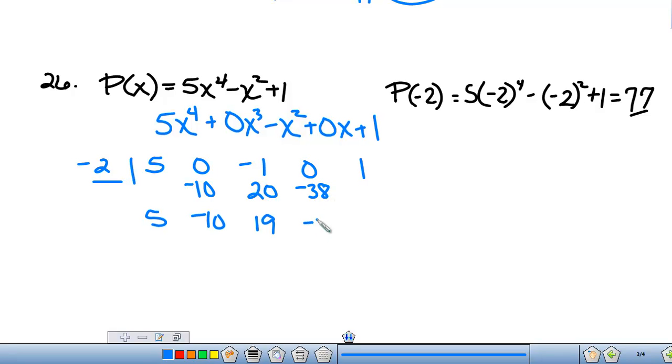Add those together. And a -2 times a -38 is a 76. Add those together, 77. And you can see how the remainder theorem once again just kind of makes that a little bit quicker than doing all these evaluations. And that concludes this lesson.